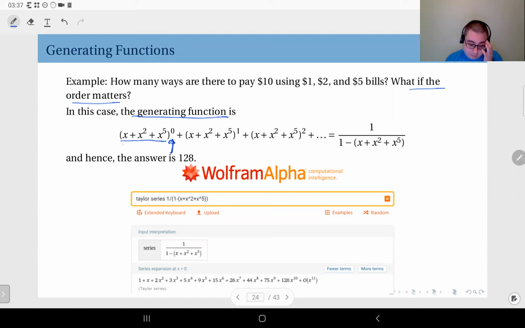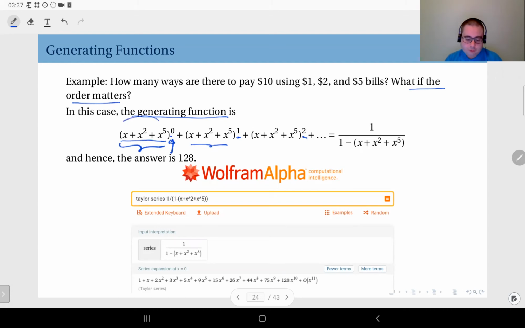Now, this is the selection for the first bill. Here, I can select a $1 bill, or a $2 bill, or a $5 bill. Okay, and then this is the next selection. So I can make a selection 0 times, and 1 time, and 2 times.